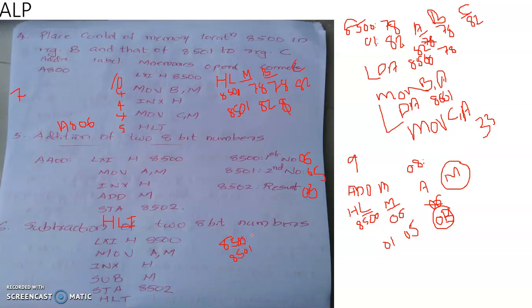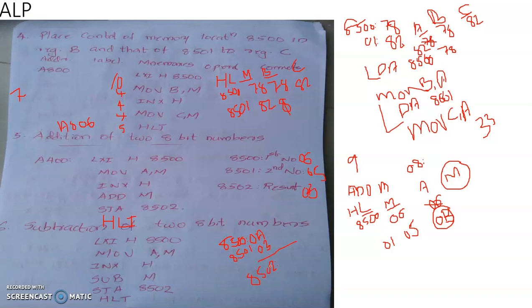Let this number be say 0A and this number be say 03. You are asked to subtract 03 from 0A. That is why I have loaded 8500 with 0A and 8501 with 03. And you have to place the result in the location with address 8502.